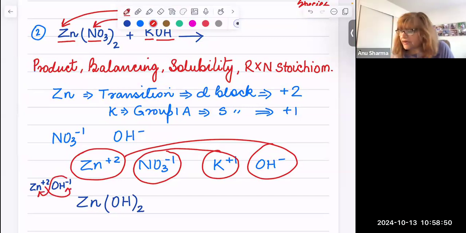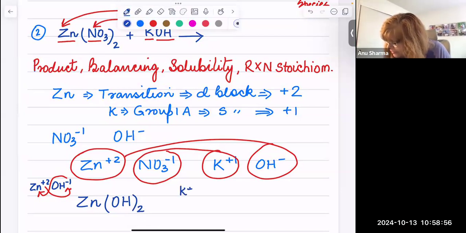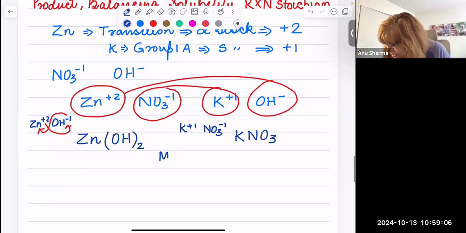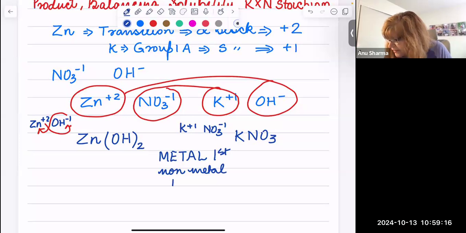Next you have potassium +1 and nitrate -1, so plus and minus cancel out. That gives you KNO3. Always metals first. Metals are written first, and then the non-metals and polyatomic ions are written second.